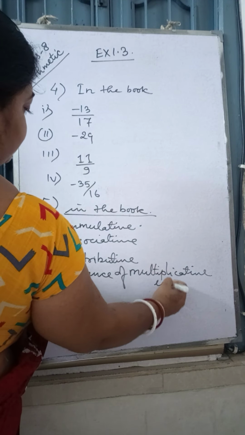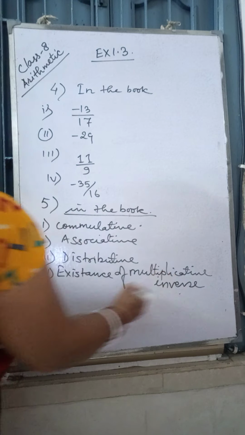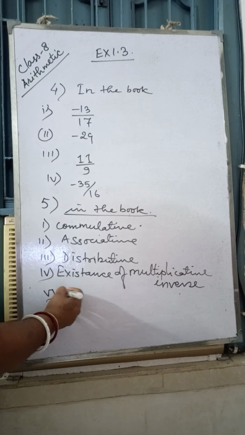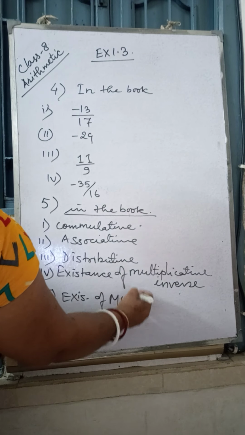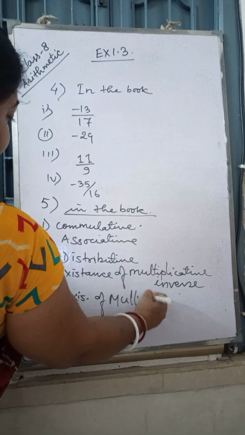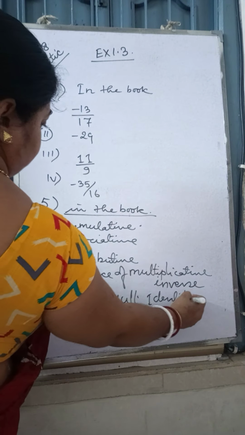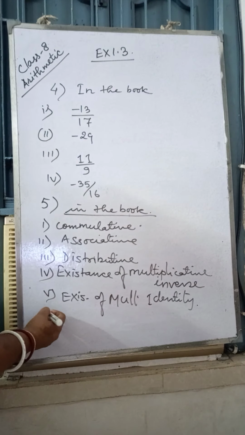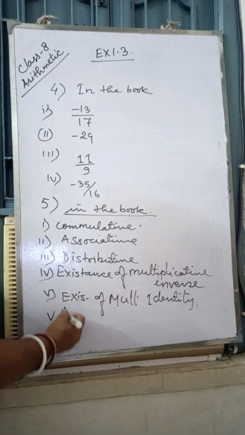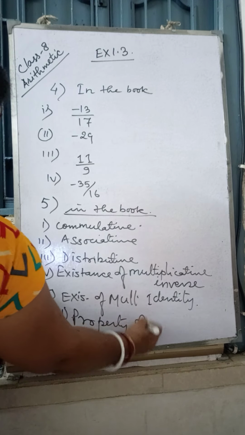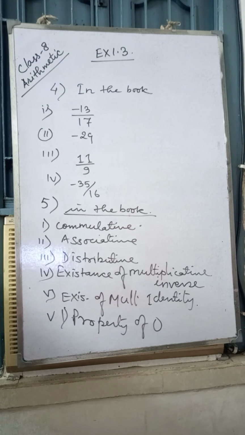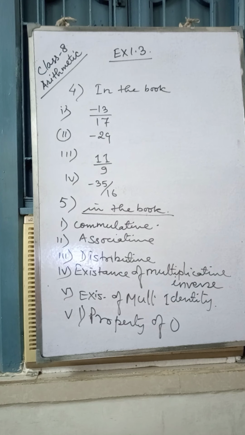This is inverse. Next is identity, existence of multiplicative identity. Write it in the book itself. And the last one is property of 0. So these are the properties used for question number 5.